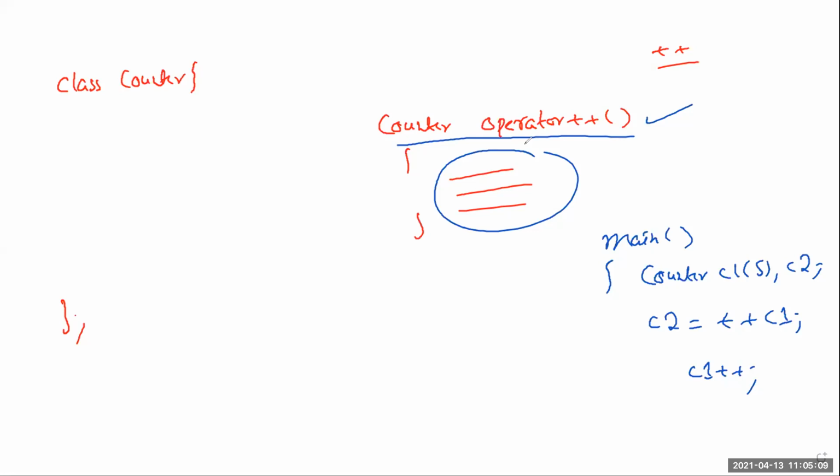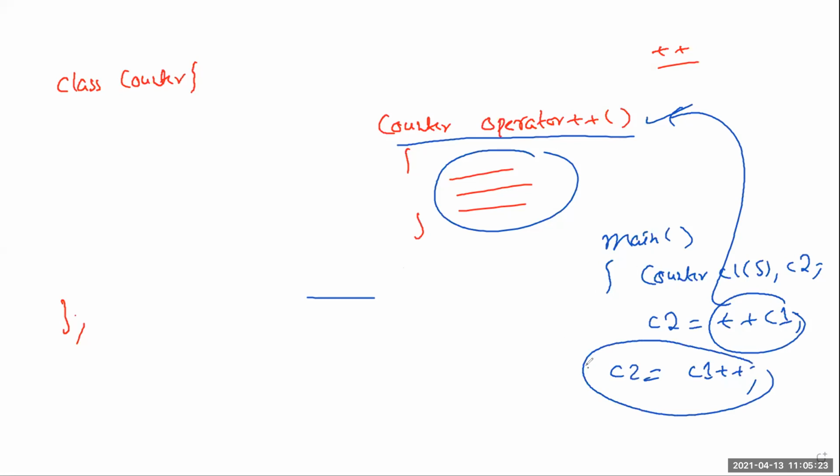So we agree that for that we need to make another function in the class: one function for the prefix version, which we already discussed, and a second function for the postfix version. Now let's see what the name of that function would be. From our previous knowledge, we know that for operator overloading, the name of the function is operator and the symbol.